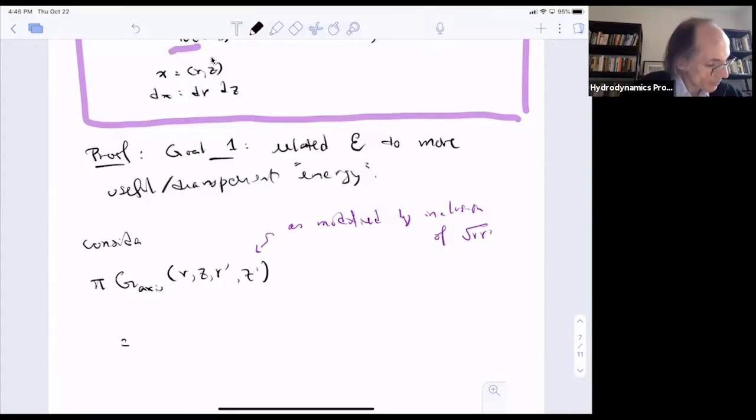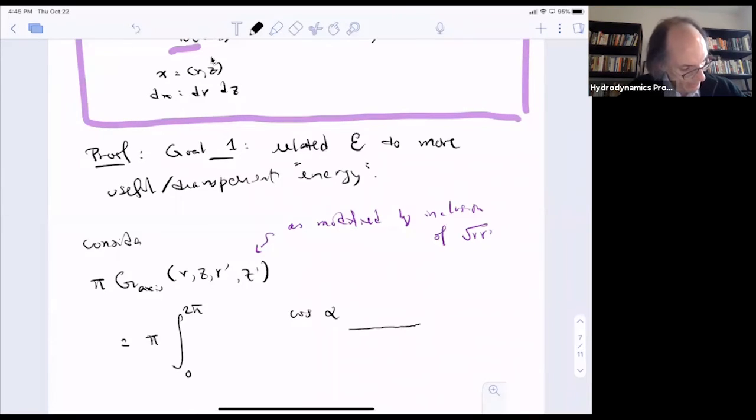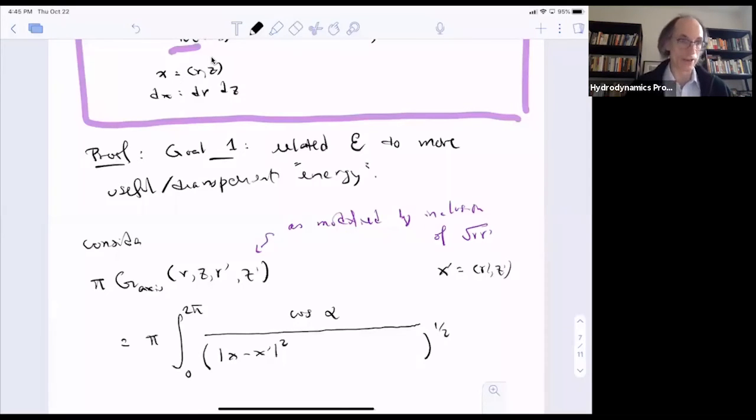Okay, and so that is pi, I guess, times the integral from 0 to 2 pi, and then it was, well, let me write it, cosine alpha, and then here there was a square root of some stuff, and the stuff was, let's say x prime is r prime, z prime, and so the stuff was x minus x prime squared, and so I could, if I would, r minus r prime squared plus z minus z prime squared, and then I have I've included this, and so I could bring that in, and there was, what was it?